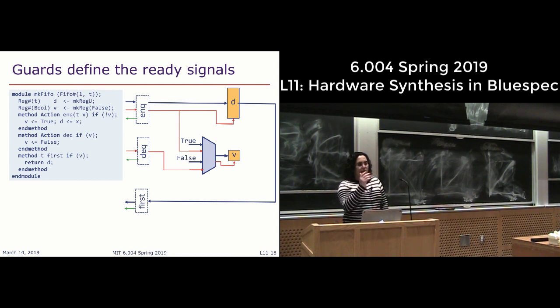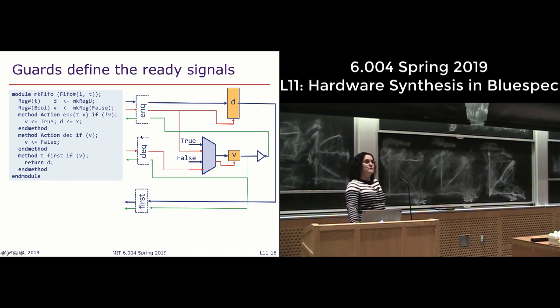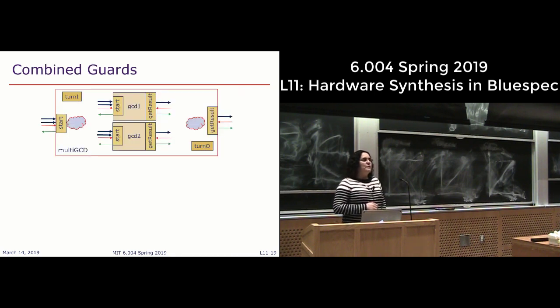And so let's go back to our FIFO example, which we saw before. And so this is an example of explicit guards, right? So here we basically said for our NQ method, our guard is not V, and so that was a direct connection from not V. And for our DQ method, it was V, and for our first method, it was also V. Okay, but suppose that we now go to this more complicated hierarchical sequential circuit, which was our multi-GCD circuit, which itself instantiates several sequential circuits, right?